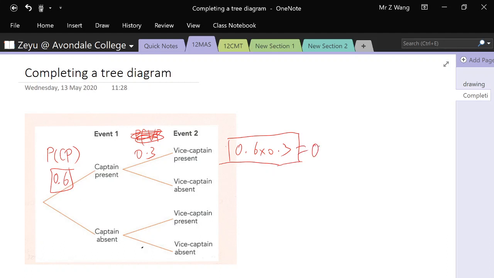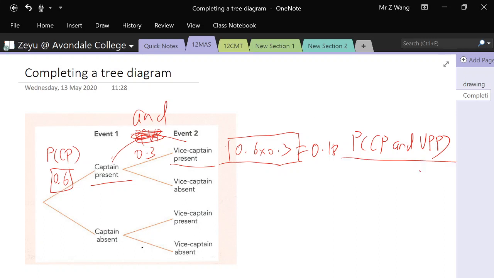0.6 times 0.3 is 0.18. What does this number represent? It represents the probability that both captain and vice captain are present. So that means it's this and this, so it's like an "and". It's captain present and vice captain present.